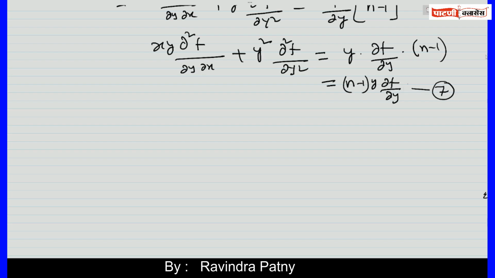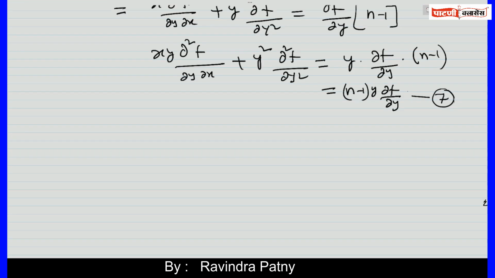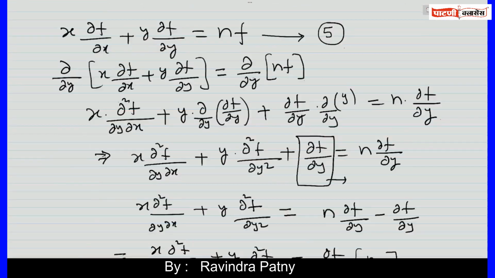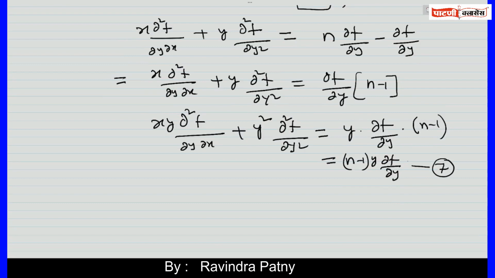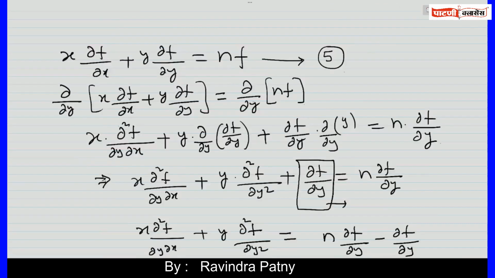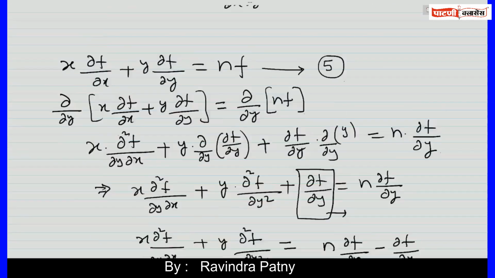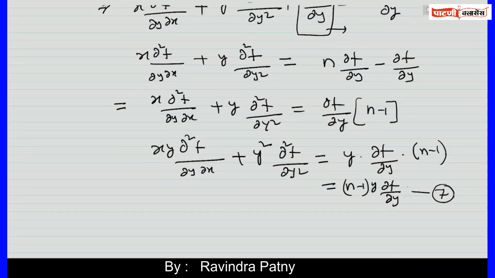Now we are having two equations. What are the two equations? One is equation number 6 and the other is equation number 7. What I am going to do now is add equation number 6 and equation number 7.